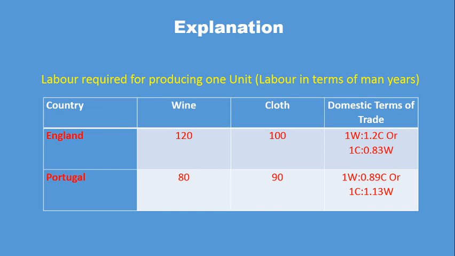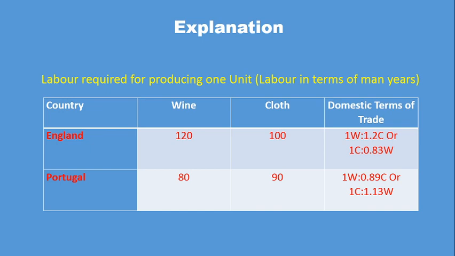As compared to England, Portugal has an absolute advantage in the production of both goods. The cost of 1 unit of wine is 80 man-years in Portugal, whereas it is 120 man-years in England. Similarly, the cost of 1 unit of cloth in Portugal is 90 man-years, while in England it requires 100 man-years of labor to produce the same amount of clothes.